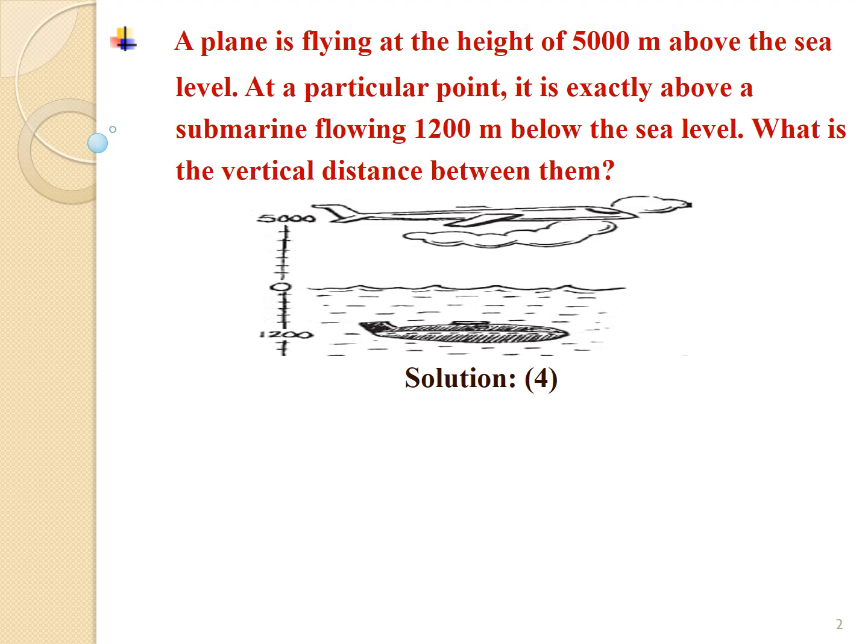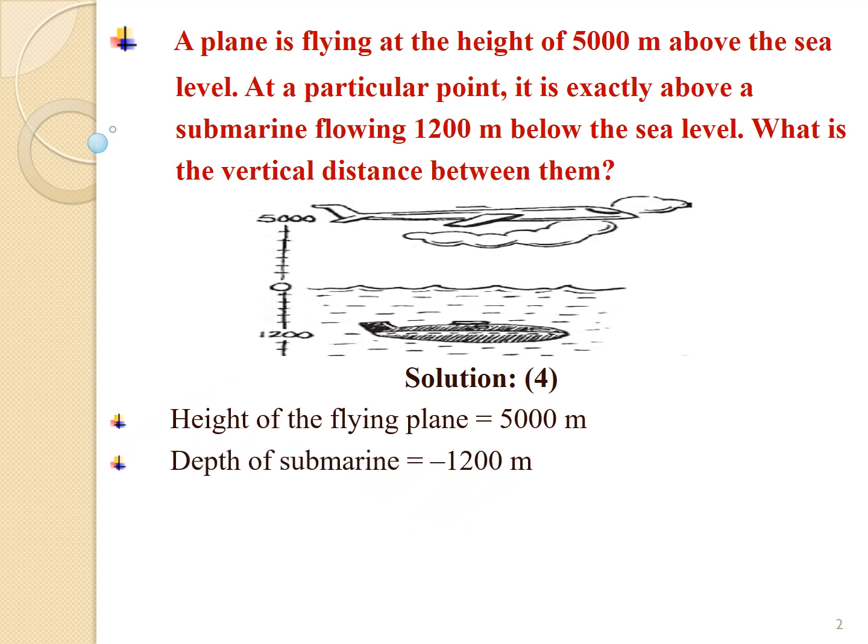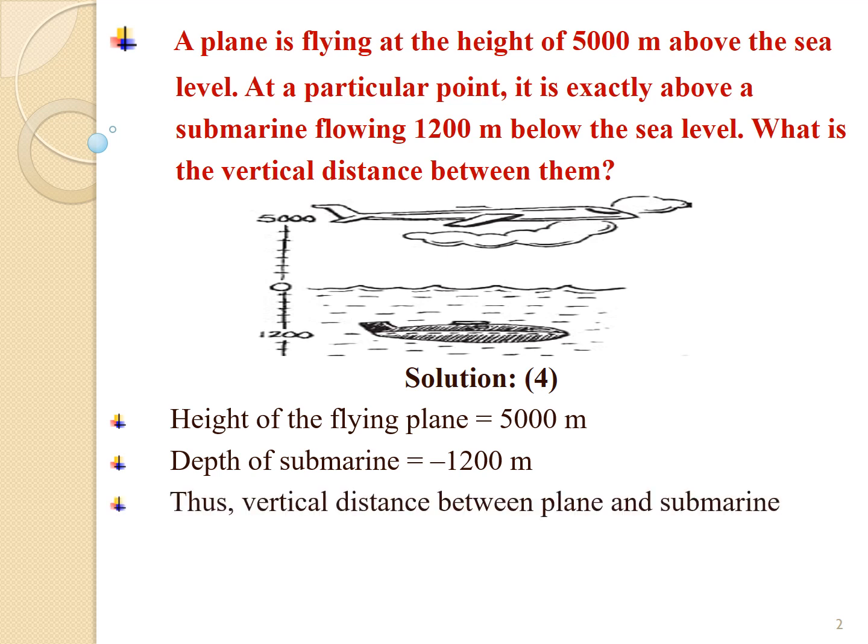height of a plane is given to us, 5,000 meters. Depth of a submarine is also given to us, minus 1200 meters. Therefore, distance between a plane and submarine is equal to 5,000 meters minus minus 1,200 meters.